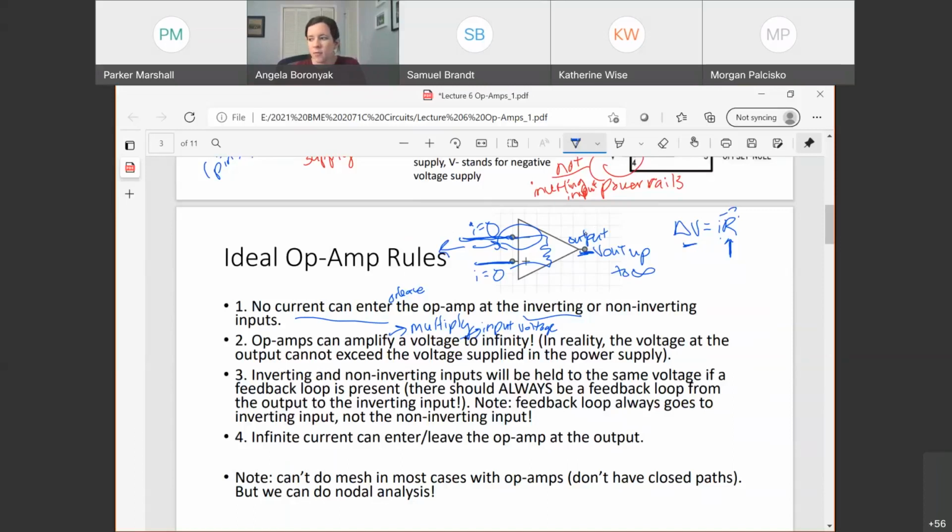Infinity is a nice thing if you're a mathematician, but not really so much if you're an engineer, because nothing's ever going to get that, right? What's more limiting in reality than the fact that I can't actually get to infinity, is that the voltage at my output, what comes out here on this wire, cannot exceed the voltage supplied in the power supply.